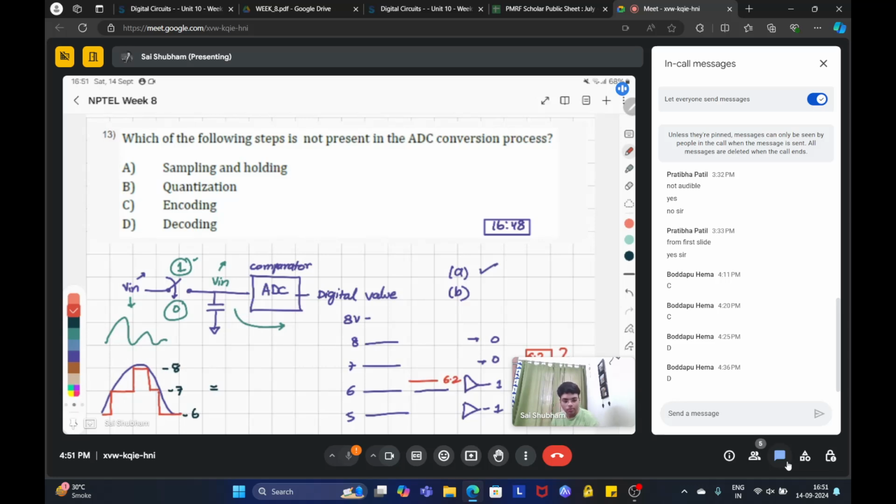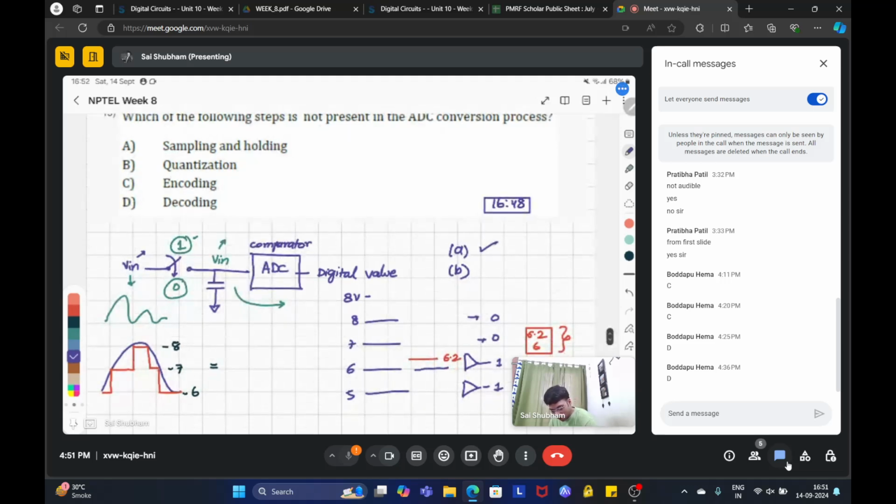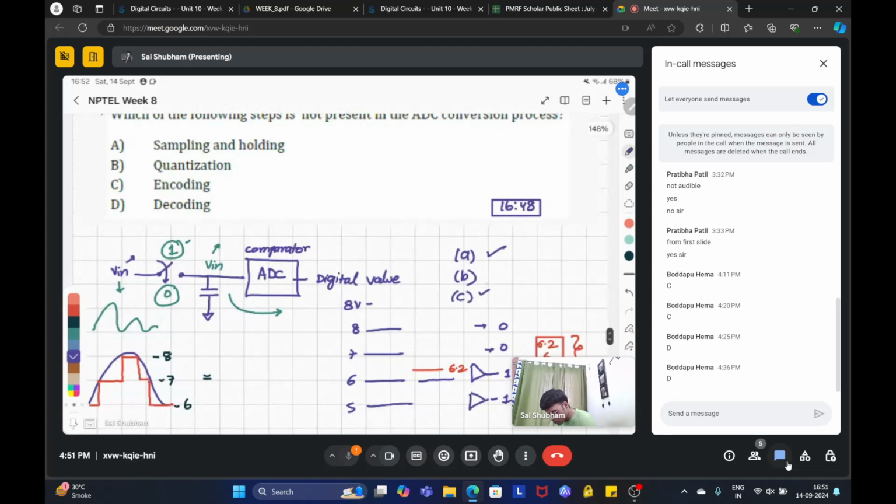This is known as quantization. Okay, so in ADC, quantization is also a process. Next we have encoding. Earlier, if you remember, we used a priority encoder to convert this value into the output, right? So we have encoding as well, but we do not have decoding. Okay, so the answer is D.